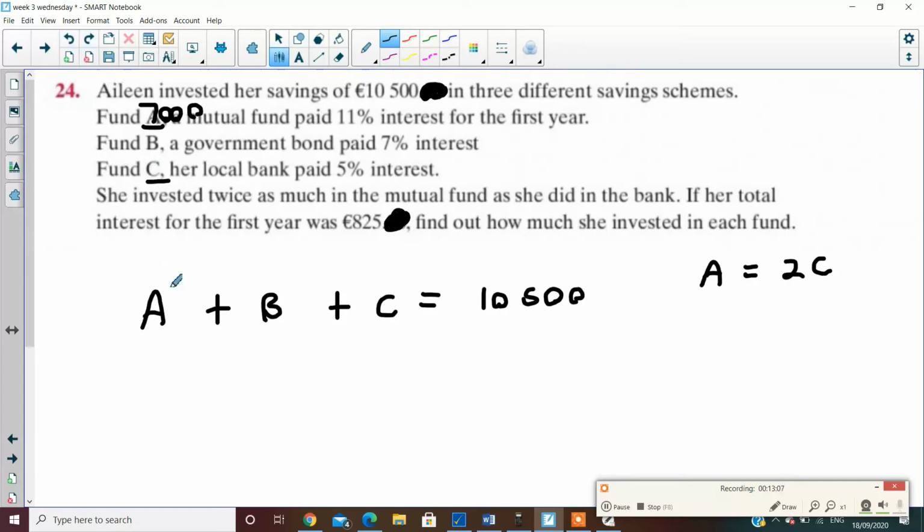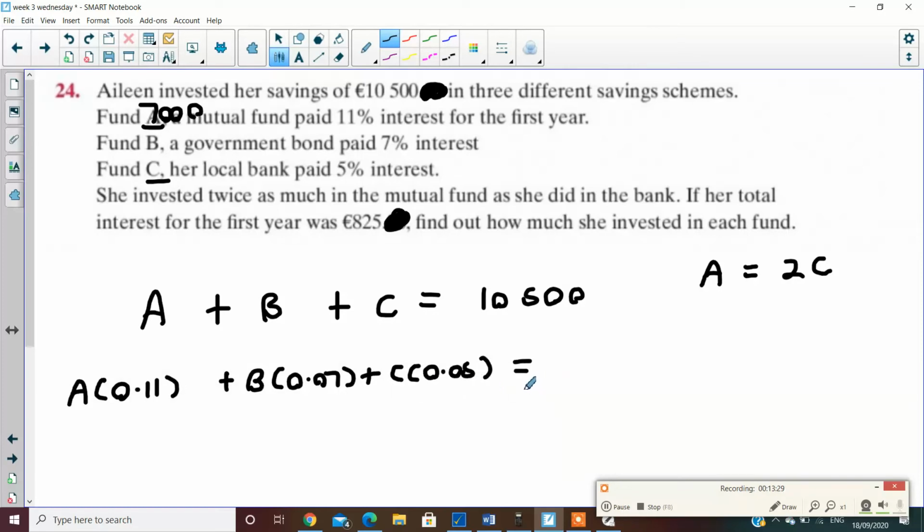Now here's the tricky part. You put a certain amount of money into the first one. What percentage do you get back? 11. So it's A multiplied by 0.11 plus B multiplied by 0.07, and then C multiplied by 0.05. And what does all that equal? 825.